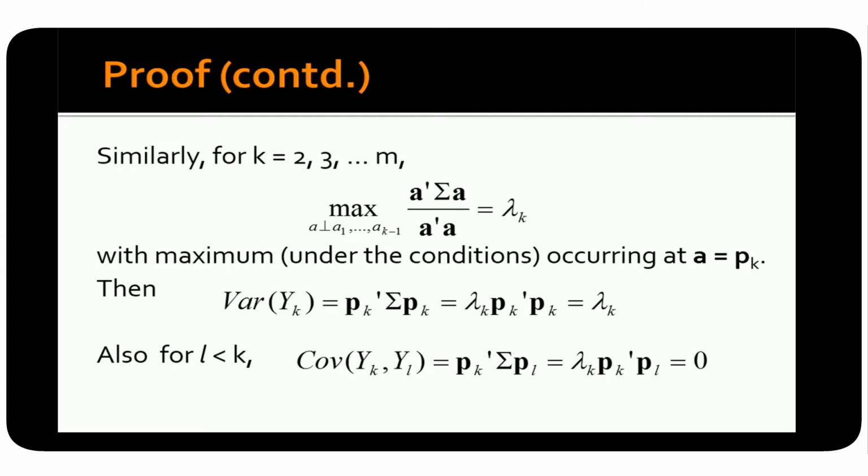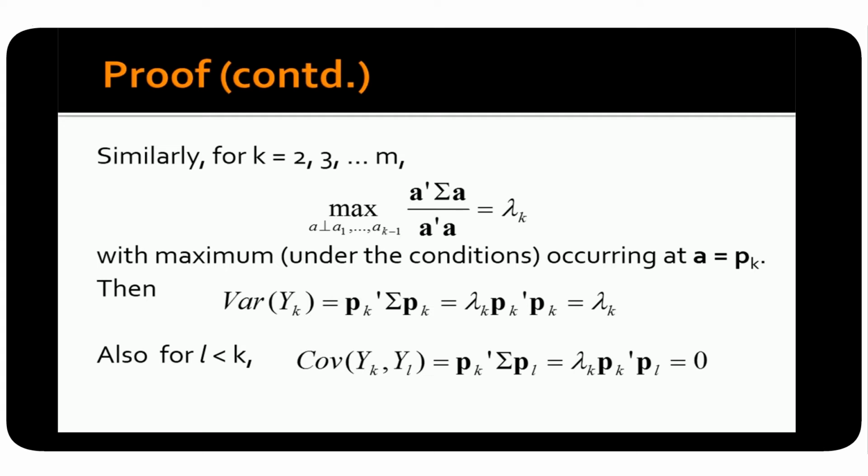You get a prime sigma a by a prime a, the maximum of that under this condition, would be equal to the kth largest eigenvalue, lambda k. Again, with a equal to pk, the variance of yk would be pk prime sigma pk, and you know that sigma pk is equal to lambda k pk. That is the usual relationship we have with its eigenvalue and eigenvector.